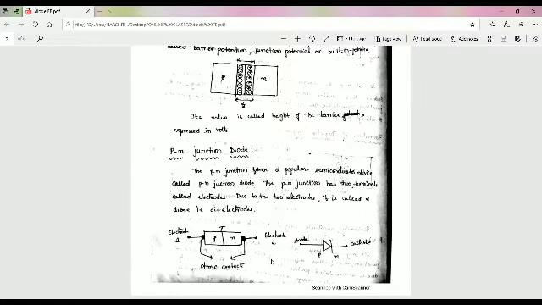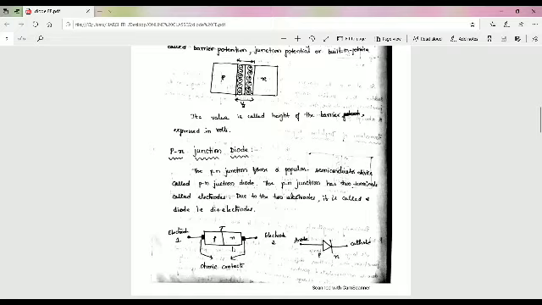First, it conducts current equally in both directions. Second, the drop across the contact is very small, so approximately the same current will flow. They do not affect the performance of the device.